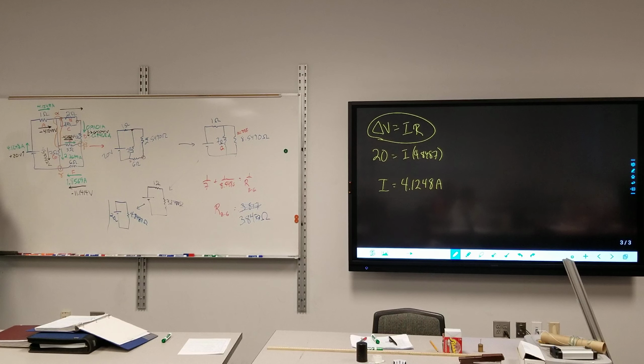If it flowed the other way in one of these, then, if I had 4.1248 amperes flowing this way and 5 amperes flowing down, then that current would have been going that way. So we'd end up with a negative current somewhere.